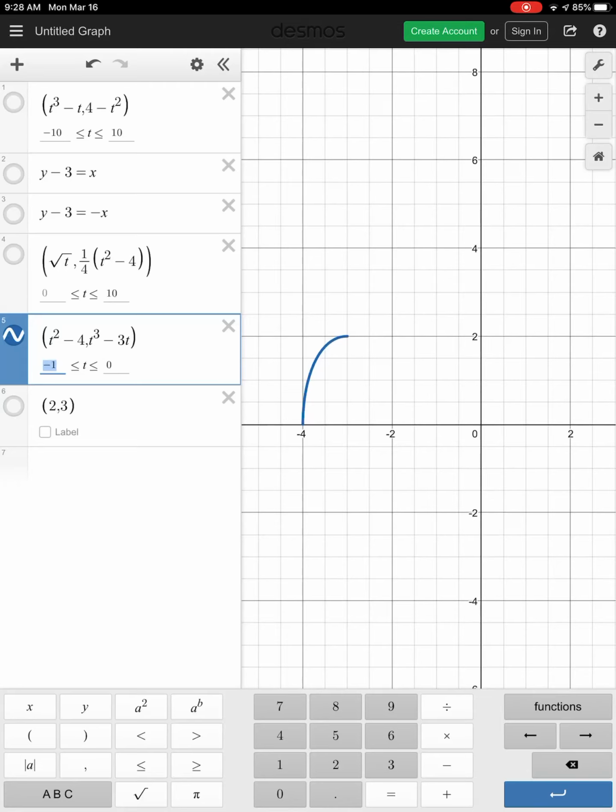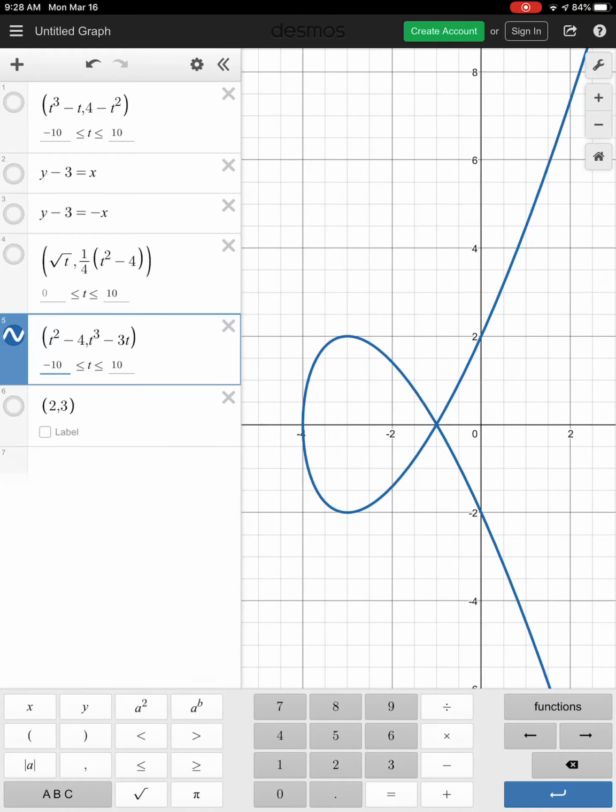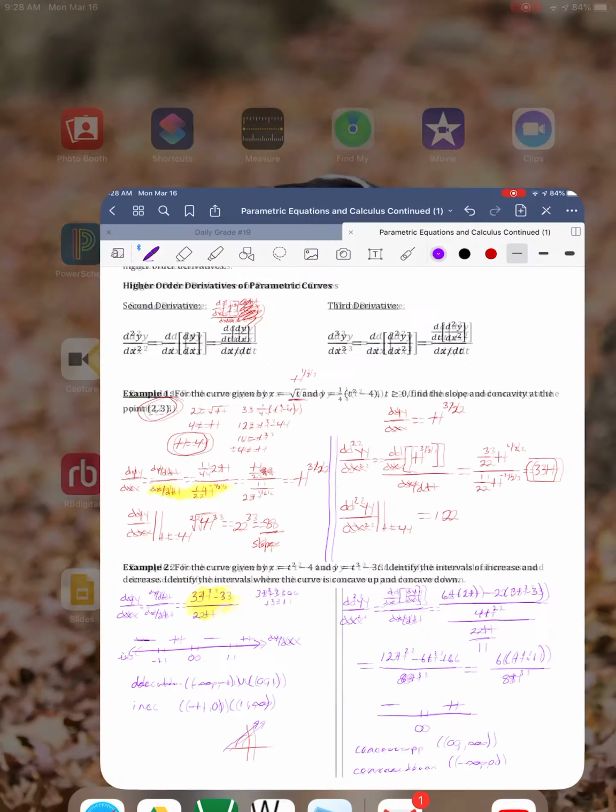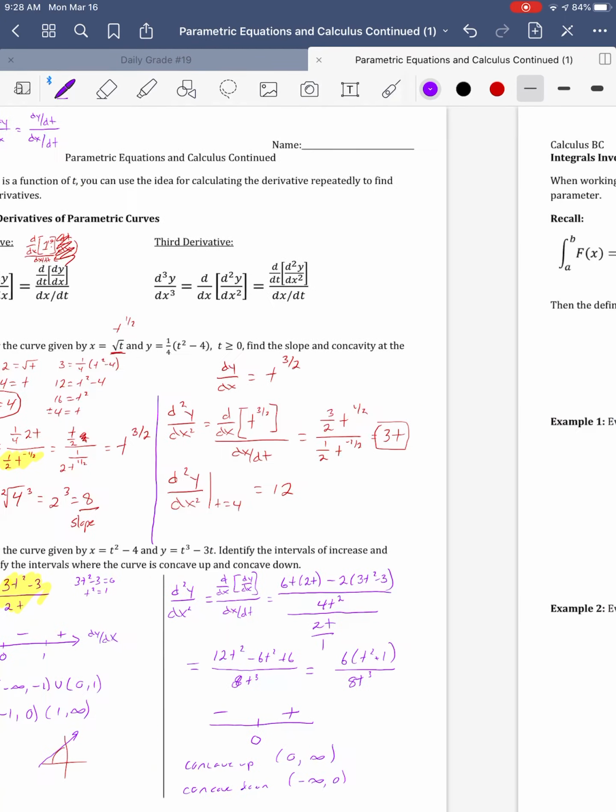So remove your movement in your mind, but I'm concave up from 0 to infinity. That's all concave up. It looks like, I agree. And then concave down everywhere else. All right, that's all you've got to worry about.